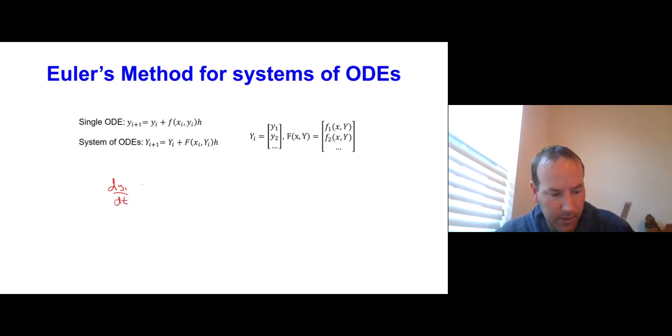So you've got a dy1. Actually, we're going to go with x dependent. Okay, so you had something like this.